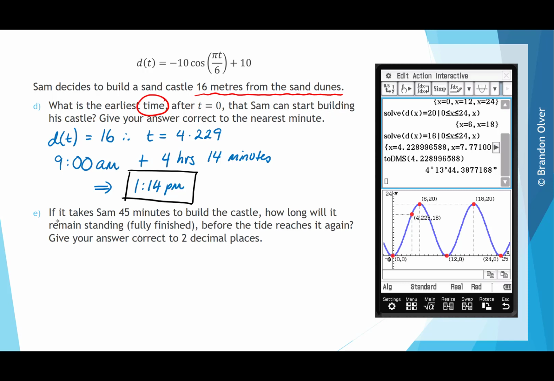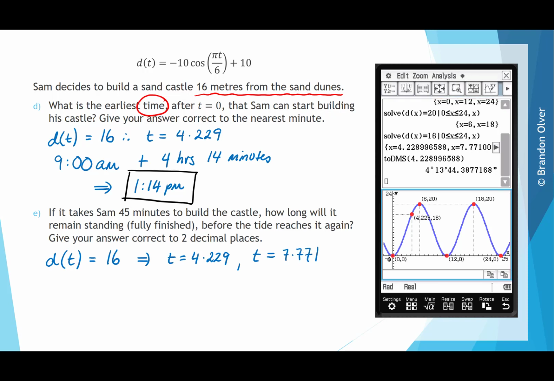For part E, it says if it takes Sam 45 minutes to build the castle, how long will it remain standing, fully finished, before the tide reaches it again? Give your answer correct to 2 decimal places. So from the calculator we can see that d of t equals 16 gives us t equals 4.229, which we already had above, and the next time is when t is equal to 7.771.